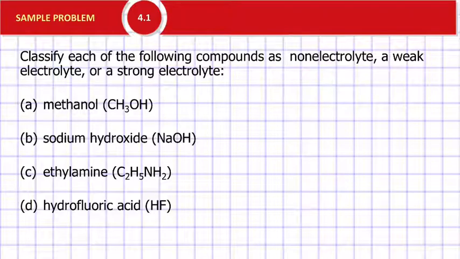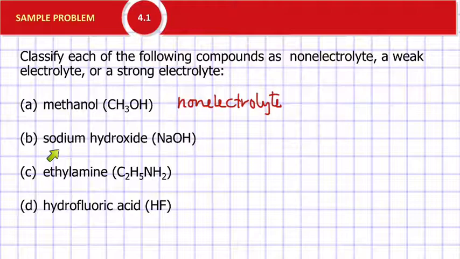No. So this is a non-electrolyte. It is not going to form any ions when we put it in water. Methanol is very soluble in water, but it just separates into individual molecules and mixes.